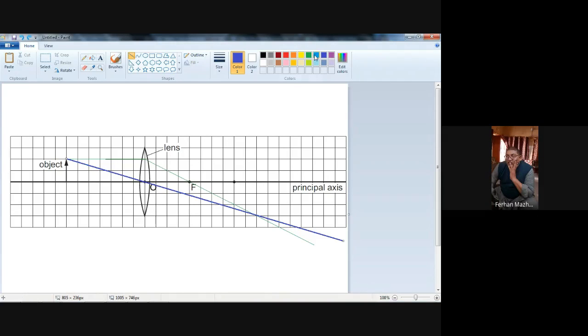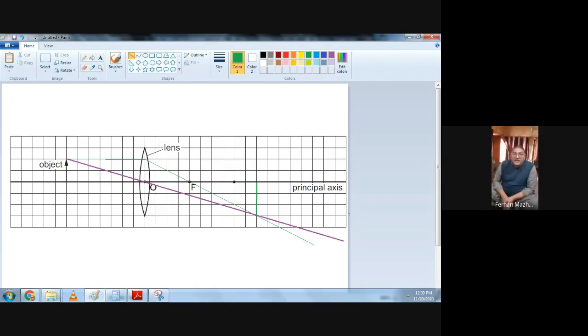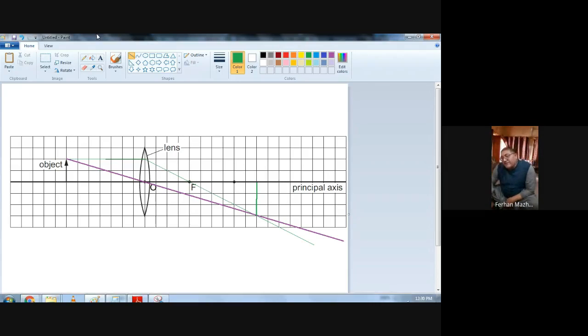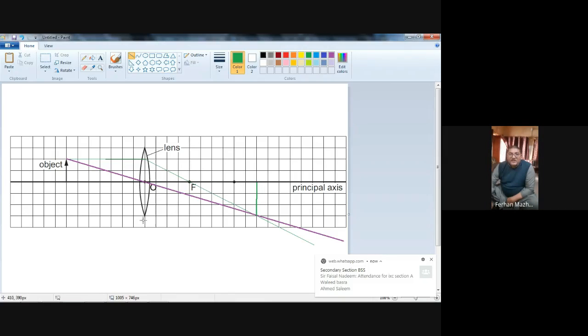This dark green line represents the image. This is F, this is 2F. So the image is beyond 2F.